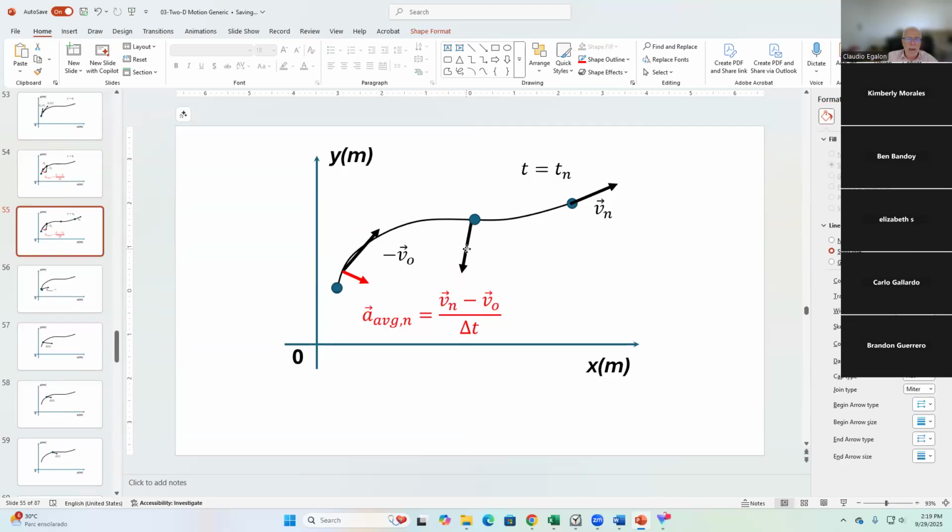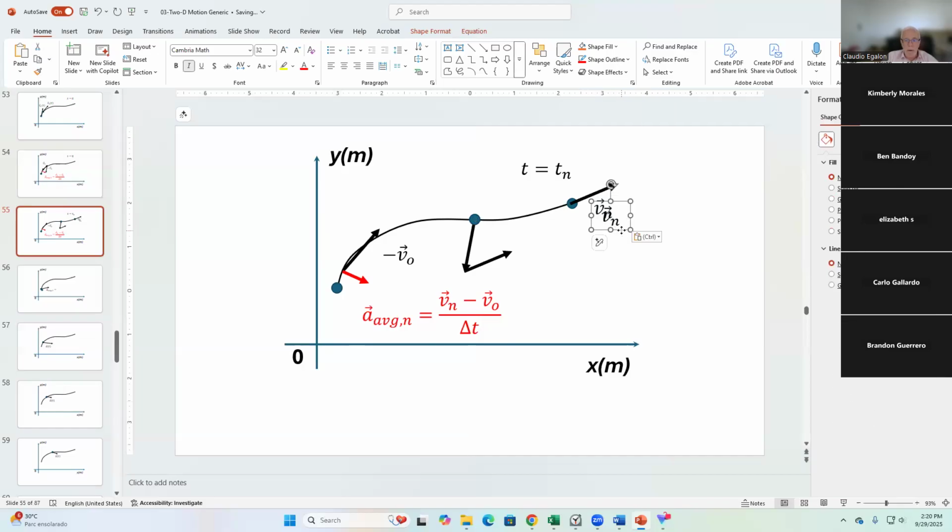At this point here, I have my V naught vector that doesn't change, minus V naught vector that doesn't change, right? And here I have the Vn vector that doesn't change either. This one we do not need anymore.